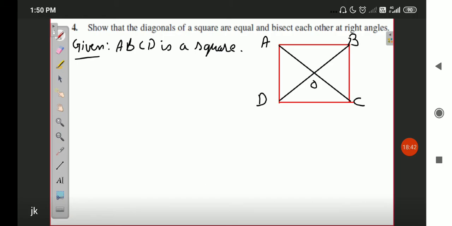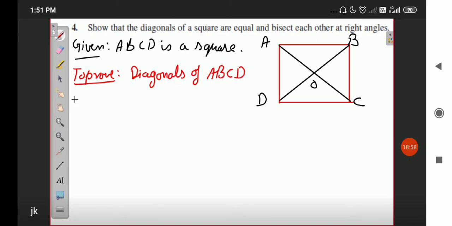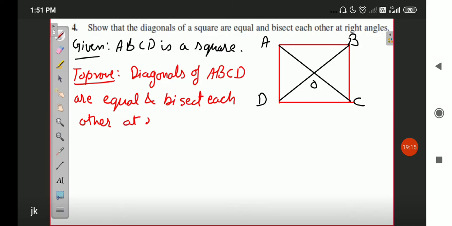Secondly, what we need to prove, that diagonals of ABCD are equal and bisect each other at right angles. Okay, good. So we'll start with the proof.